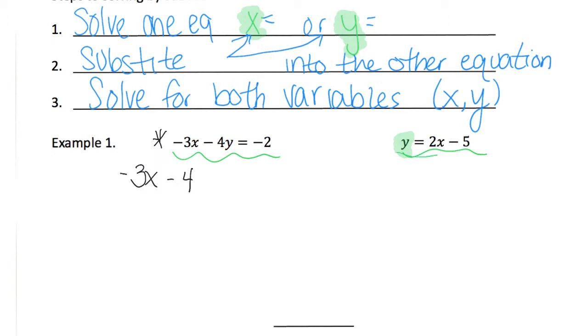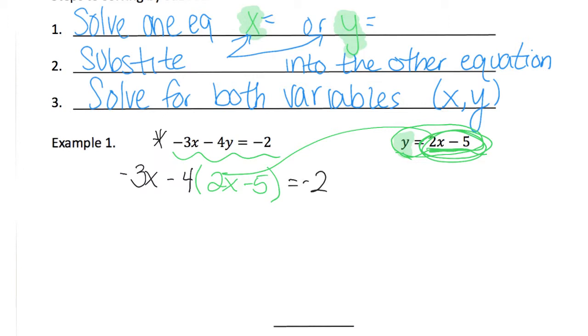Now that this is solved for y equals, I'm going to plug this in for y. So now it's going to look like that. Since I had y alone over here, I'm just going to simply plug that in where I see y into my other equation.